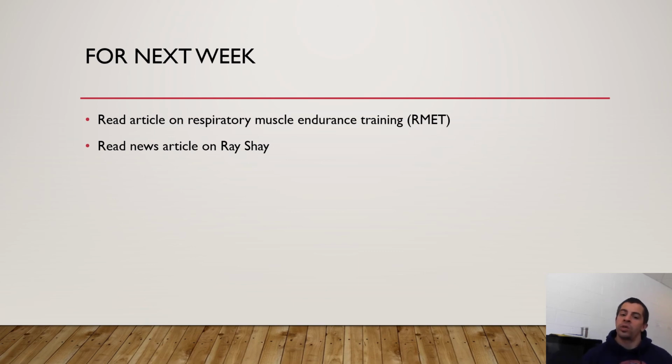It's obviously a sad story, but it's an opportunity for us to increase our understanding of the risks associated with endurance sports. A second article is a peer-reviewed article on respiratory muscle endurance training. It's something that's pretty cool that, if you're ever getting into endurance sports, you guys might want to look into. So those questions will start next week's presentation.